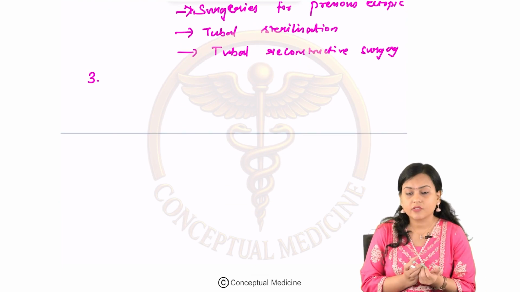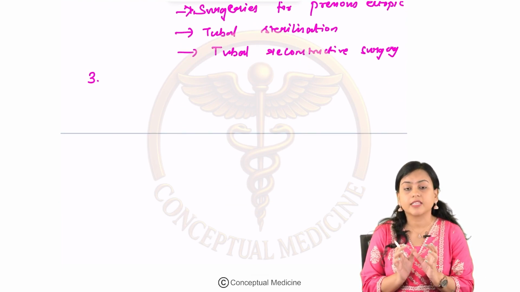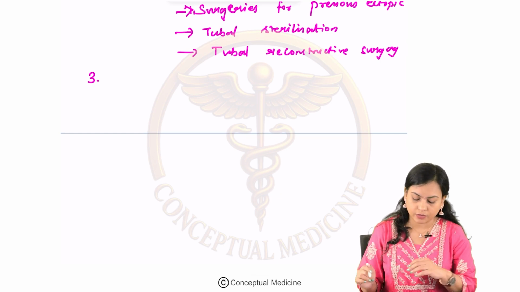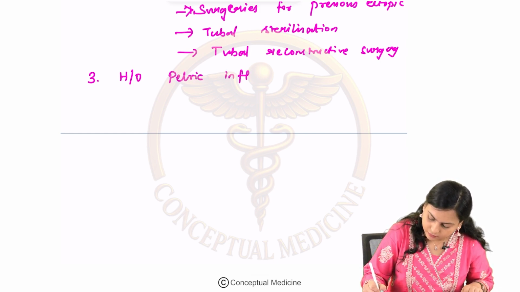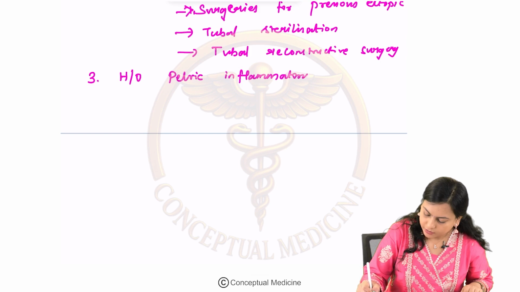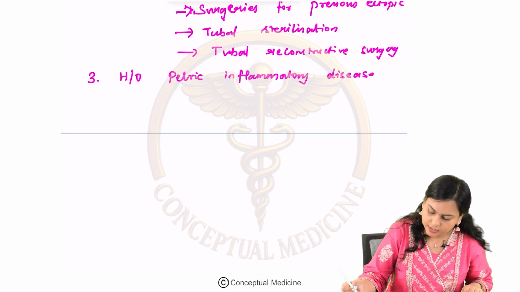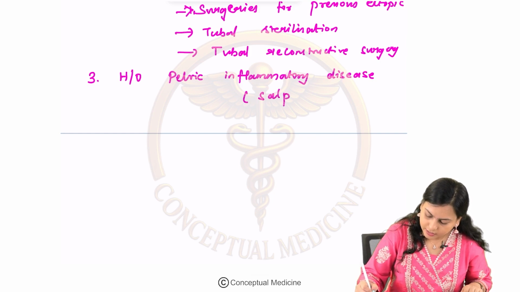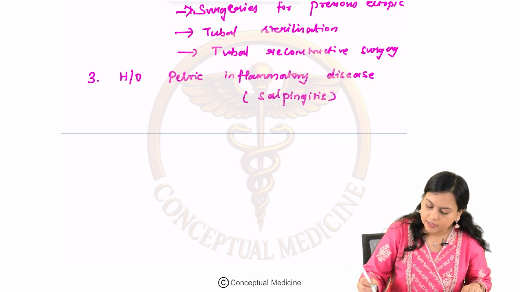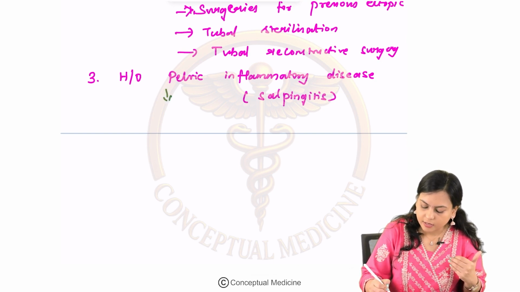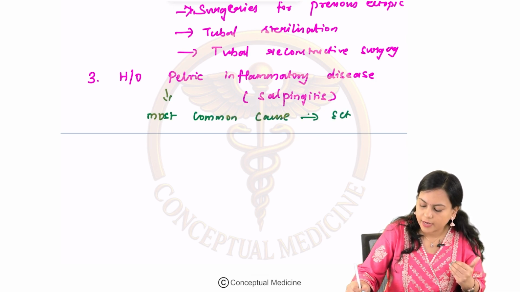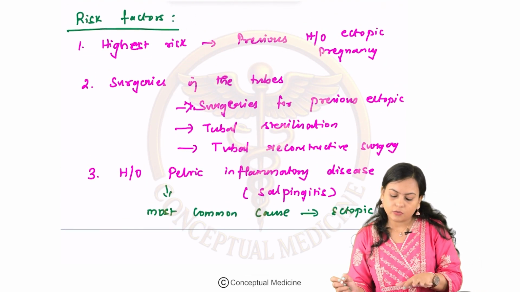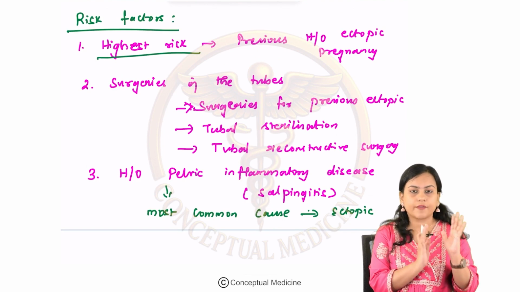Next highest risk is with pelvic inflammatory disease, especially when there is a history of salpingitis. And why I am stressing this is that it is the most common cause that can lead to ectopic pregnancy. Clear? So, the highest risk is seen with the previous history of ectopic pregnancy.